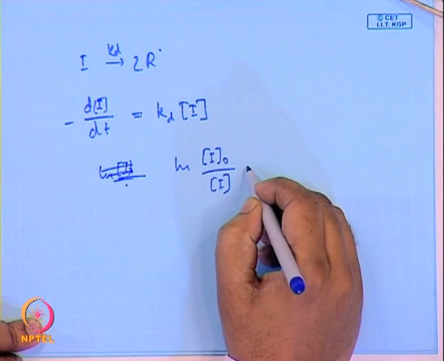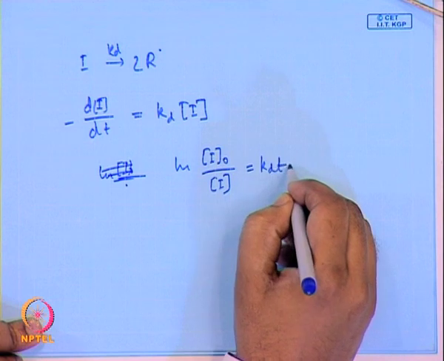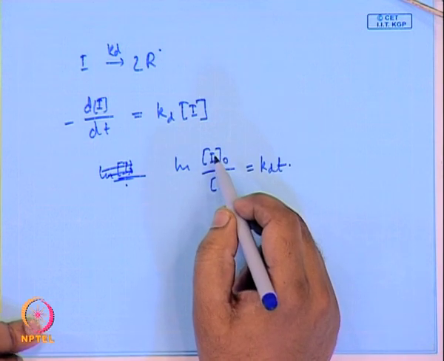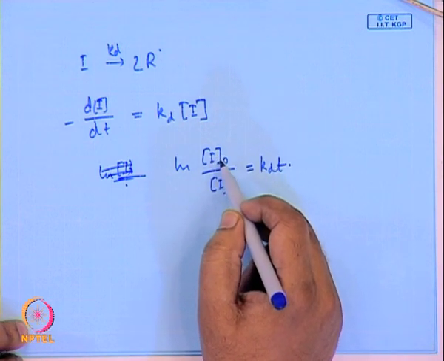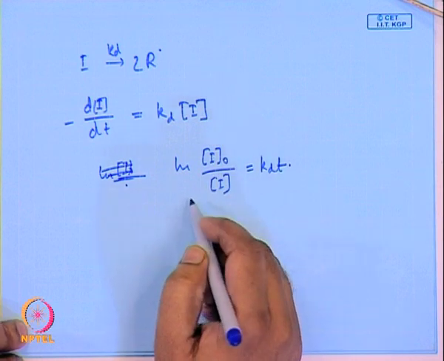On integration, where I0 is the concentration of initiator at t equal to 0, and this is at some other t.